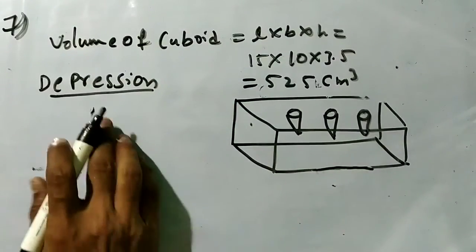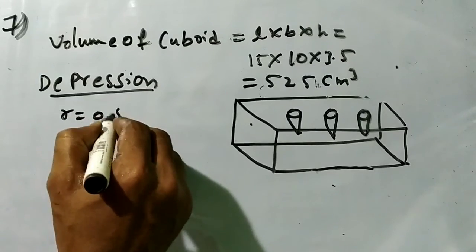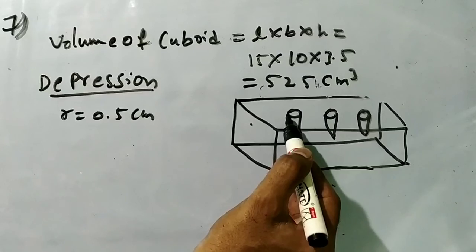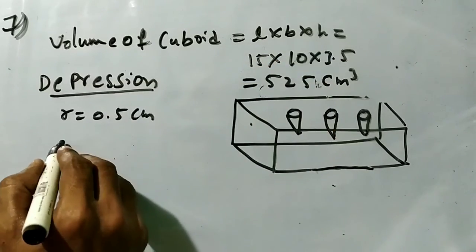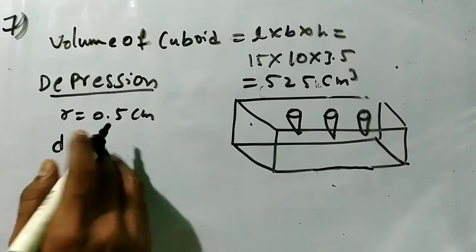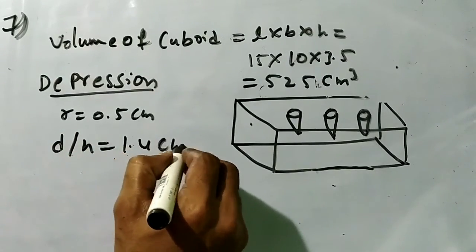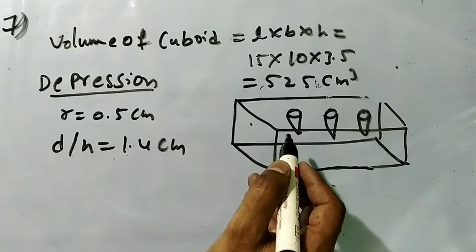Here we have to find the depression's volume. They have given radius is equal to 0.5 centimeter, and the depth. In the reverse manner it is a depth; if we consider it in the upward manner, it is a height. So depth or height is equal to 1.4 centimeters. We have to take the volume of a right circular cone.